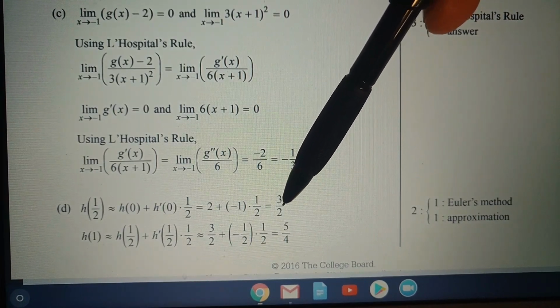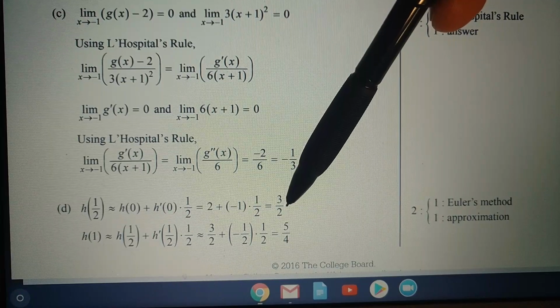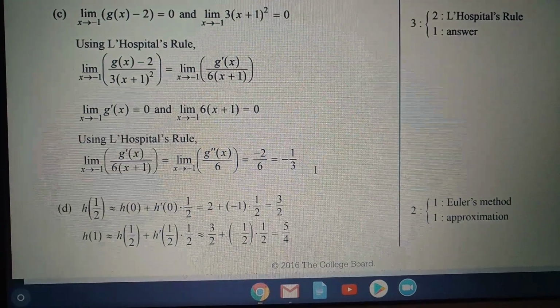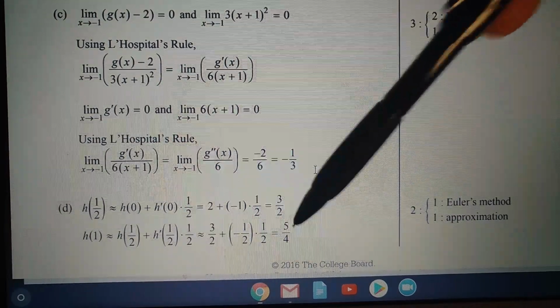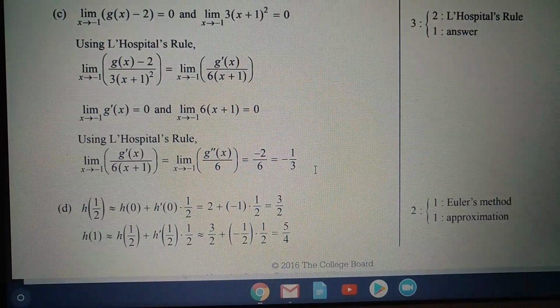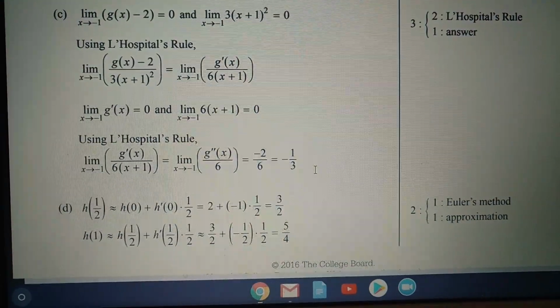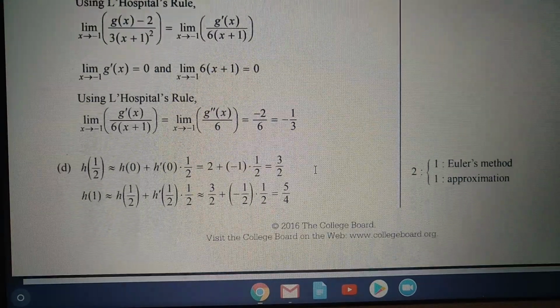Then use that 3/2 when you go to do your next value, and go through the process and get 5/4. So if you have the process, you get 1 point. If the process leads to the correct answer of 5/4, you get the second point.